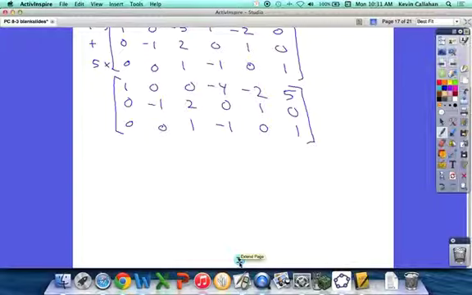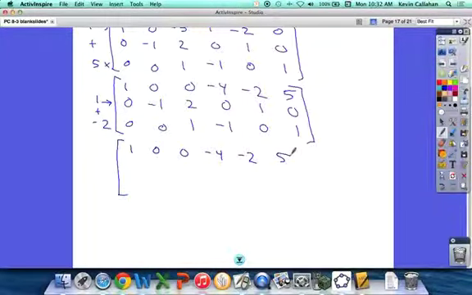We'll deal with that later, okay? First, let's make our 0 in this spot. What if we multiply this one by negative 2, and we add it to this one, and we put the result here? And that'll give us this. The top row stays unchanged, 0, 0, negative 4, negative 2, 5.